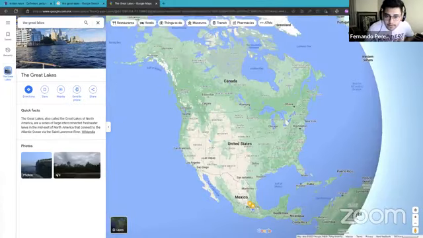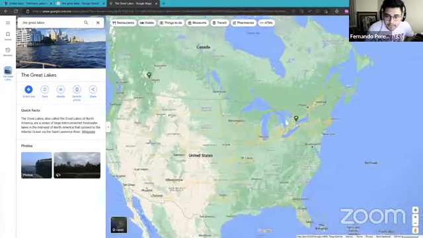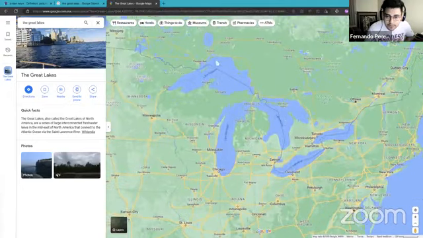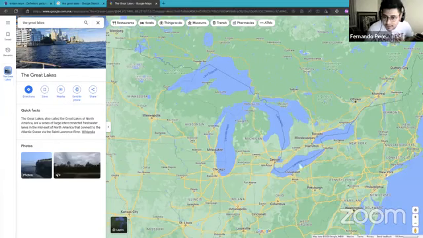Do you see it? So this is 1, 2, 3, 4, and 5 lakes: Lake Erie, Lake Huron, Lake Michigan, and Lake Superior. Together is a group, the Great Lakes.